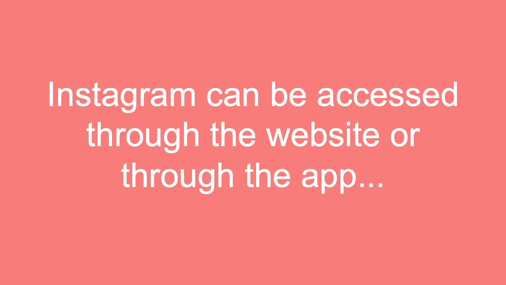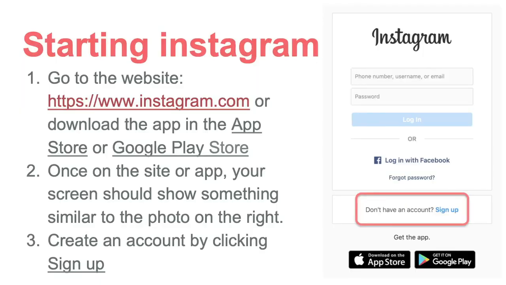So there's two main ways to use Instagram, through the website or by downloading an app, which is available on your phone, on your desktop, your laptop, anything that you have. So to start off with Instagram, you're going to want to make an account, and you can go online or download the app first, and at the bottom of the first page it's going to take you to sign up if you don't have an account.